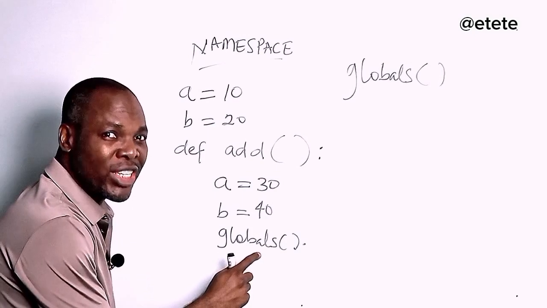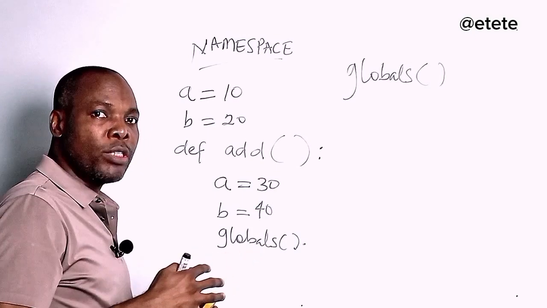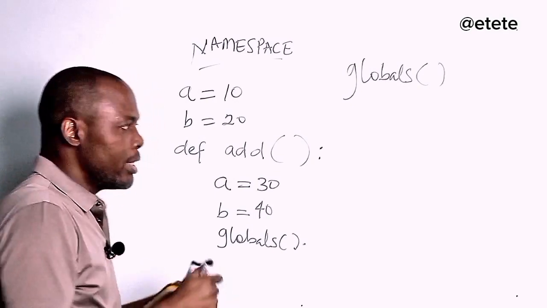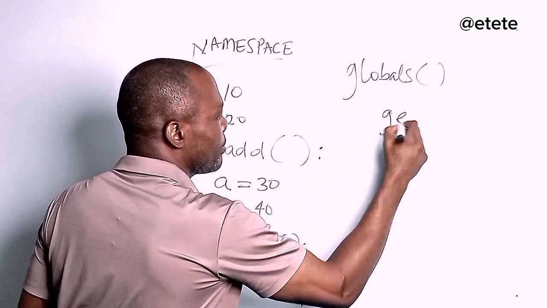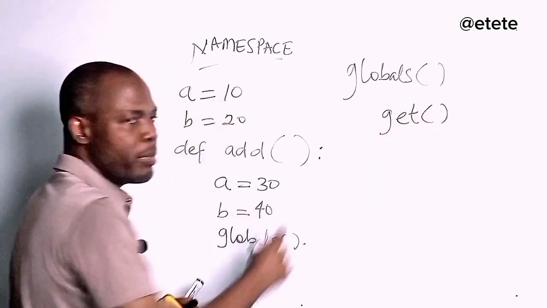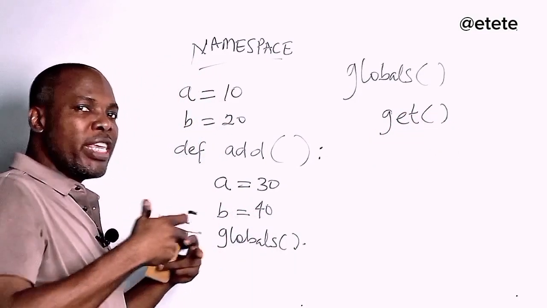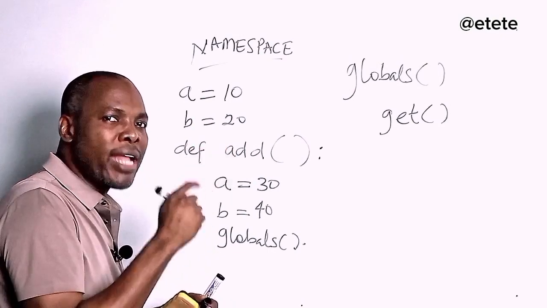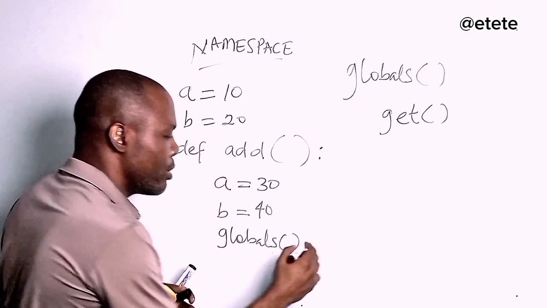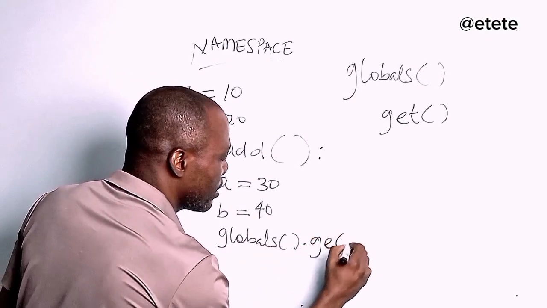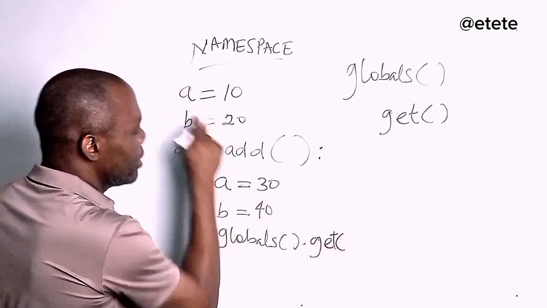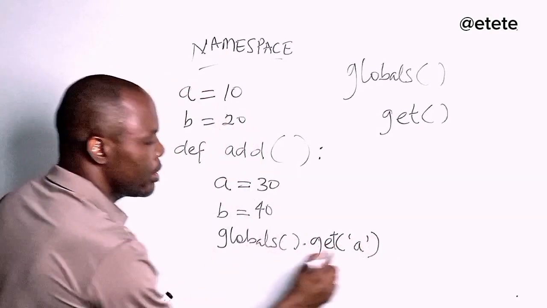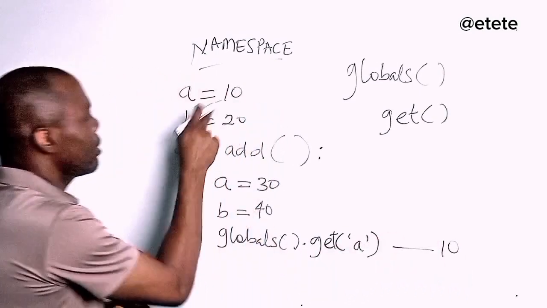It will return a dictionary object. That dictionary object will have attributes. Now, one of the attributes of that dictionary object is the get method. So I am going inside that object now, and I'm saying, get, go and fetch this data for me. So I will say get, then A. When this is going to return a value, it will return 10.